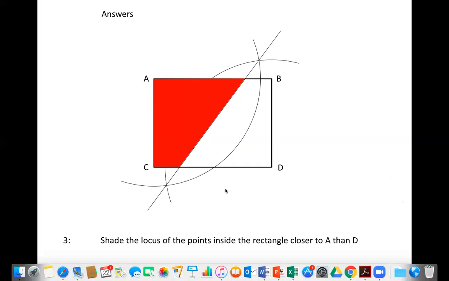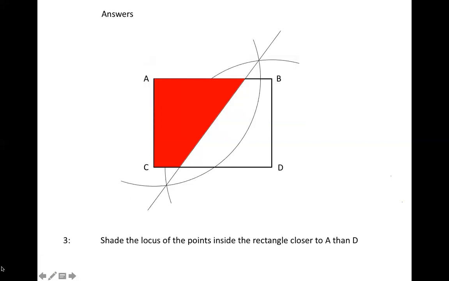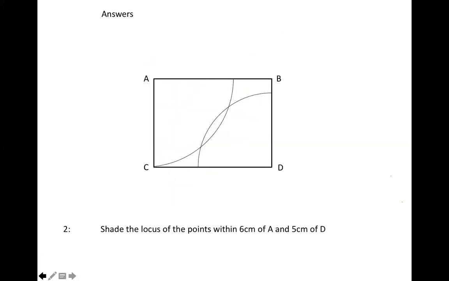Okay, so basically you just have to look for rules, boundaries that they set. So in this case, for example, let me take the previous example. For this one, we look for the boundaries given. So it says, I want points that are within 6 cm of A. That means it has to be within 6 cm from point A, that's boundary 1, and then it has to be within 5 cm from D, that is boundary 2.